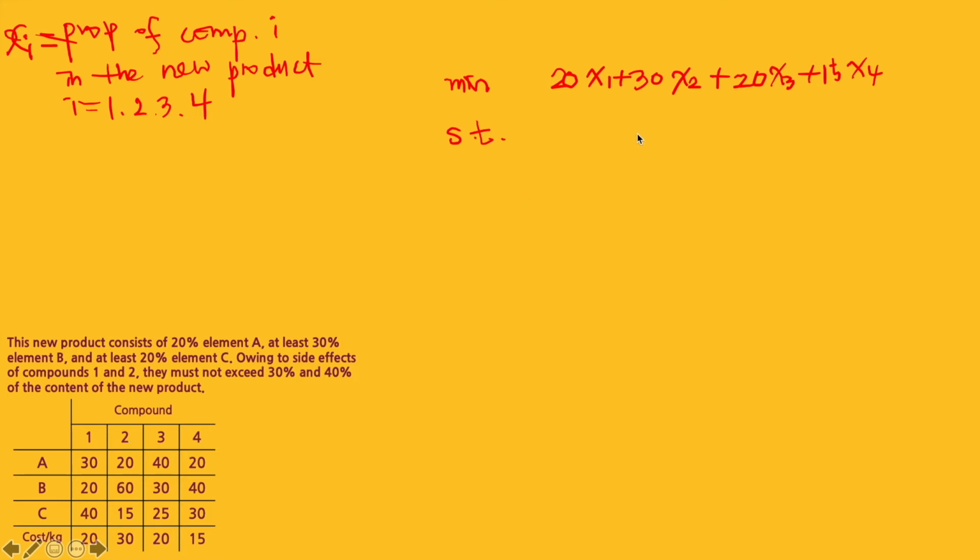So I will write down here, because this is a percentage, instead of writing 20, 30, 20, 40, 20, I will write 0.3 x1, 0.2 x2, 0.4 x3, 0.2 x4.